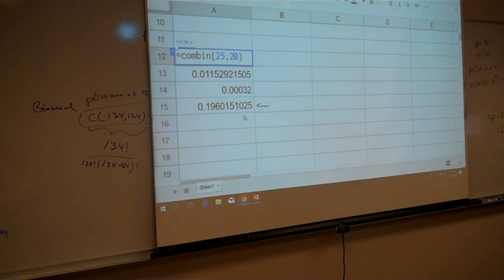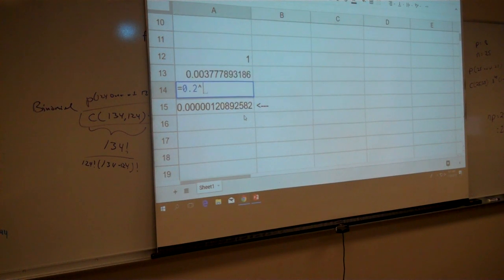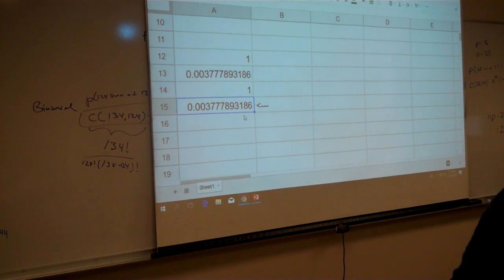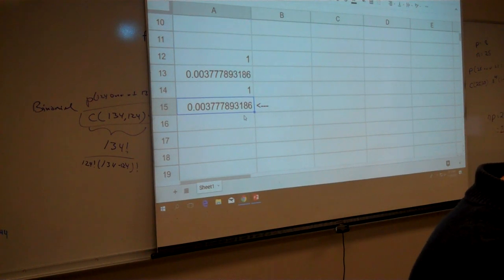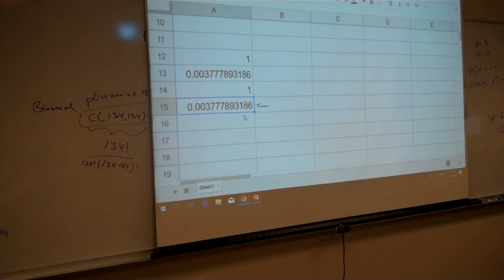So, combination of 25 things taken 25 at a time, 0.8 to the 25th power, and 0.2 to the 0th power. And look at that. Our probability is tiny. Way less than 0.5%. Because we really don't think that's very likely to happen, right? If 80% of the time it works, and you had 25 times where you could fail, it's not very likely you're going to be successful all 25 times.